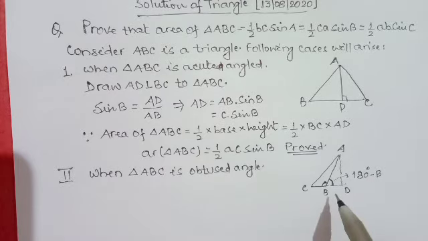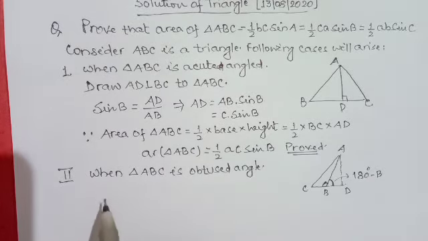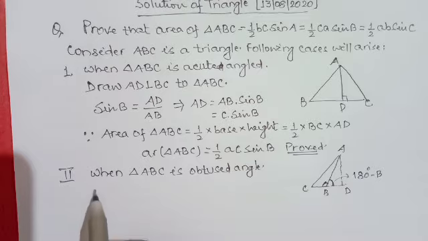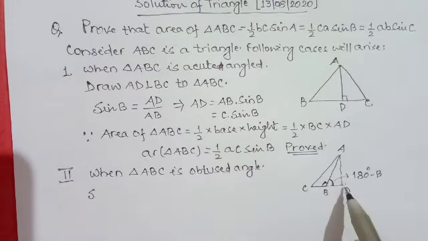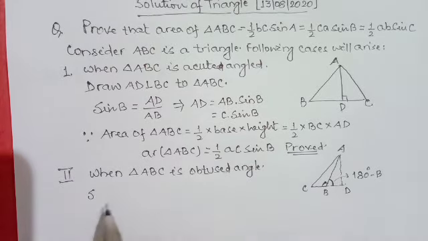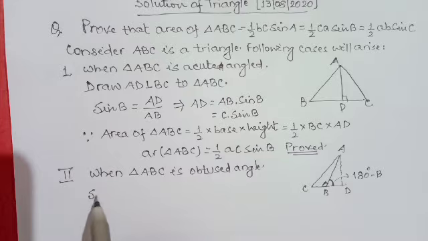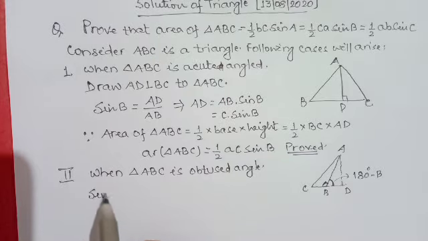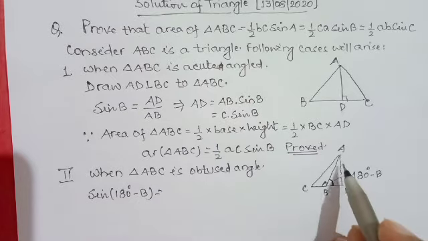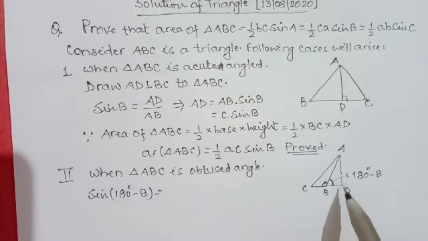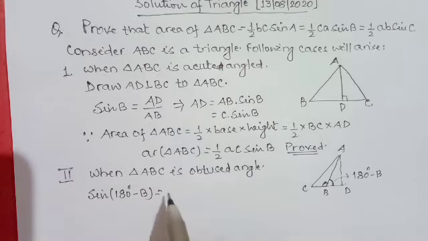So again calculate sine. Produce CB, draw perpendicular AD. So sin of 180 degrees minus B is equal to AD upon AB, perpendicular upon hypotenuse.